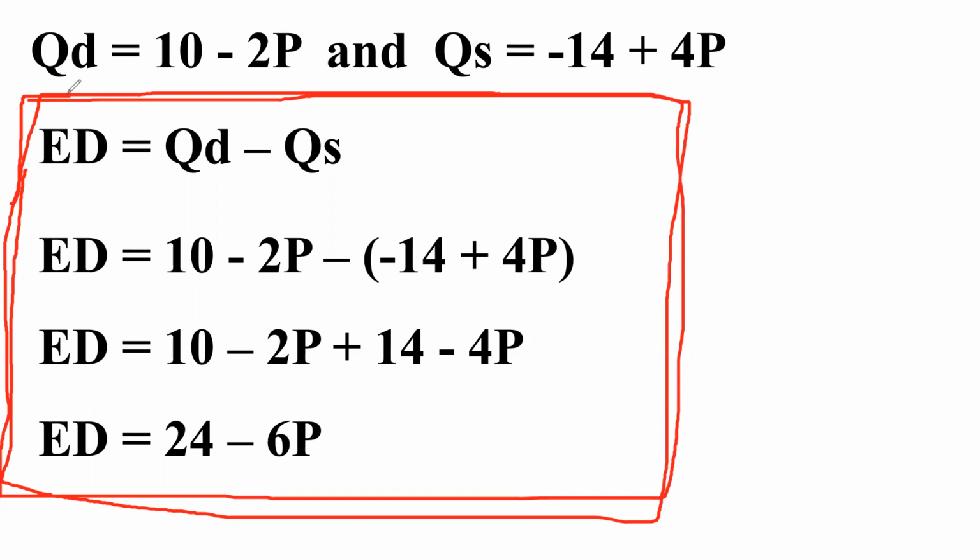Right. Similarly, can you find the excess supply equation in the second column? How do you do it? Excess supply equals QS minus QD. Subtract the demand equation from the supply equation and get an equation.